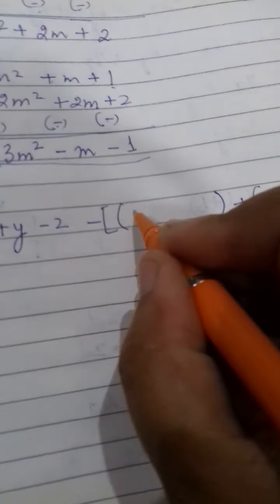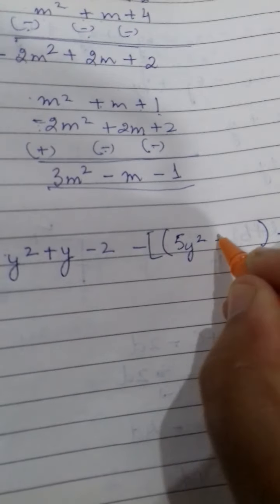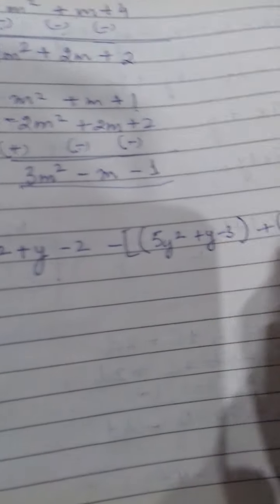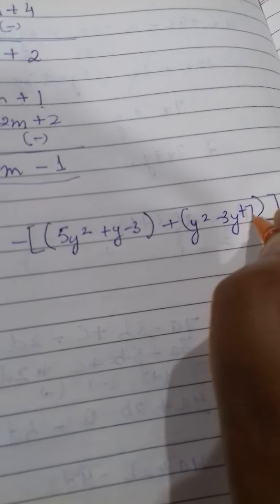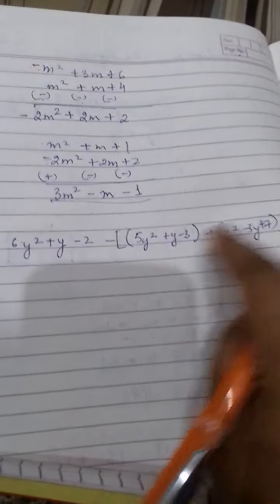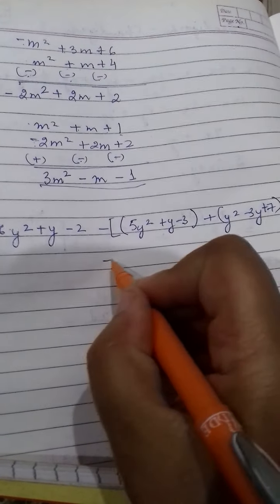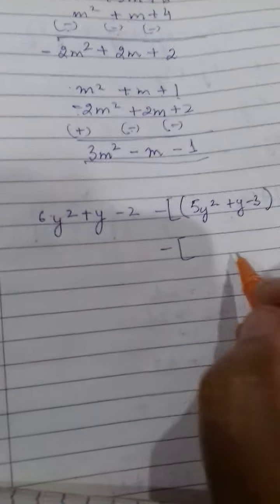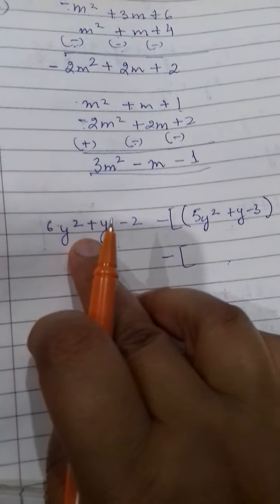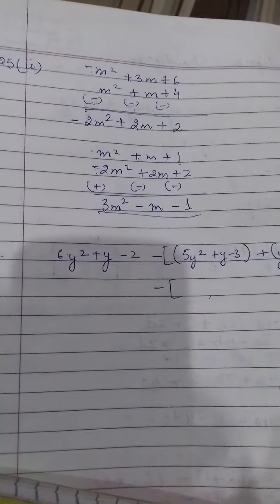Now what will come in this bracket? 5y square plus y minus 3, y square minus 3y plus 7. First you have to add them, and whatever will come after adding them, you have to subtract that from this. Clear, children? Thank you.